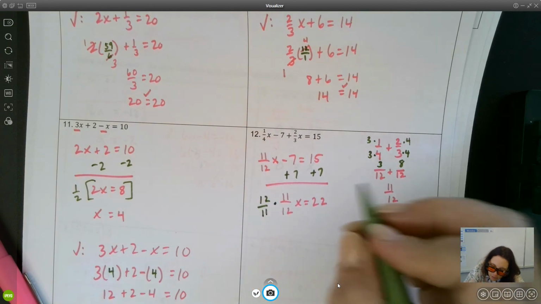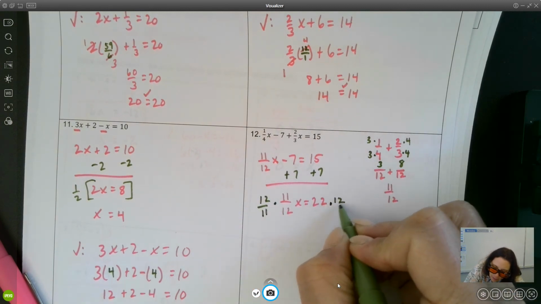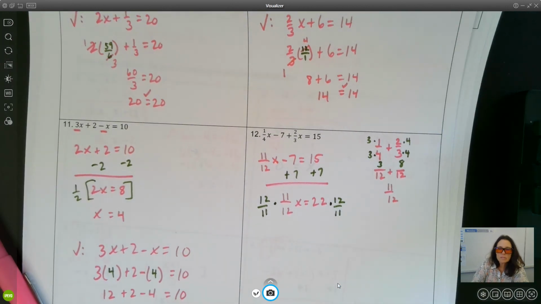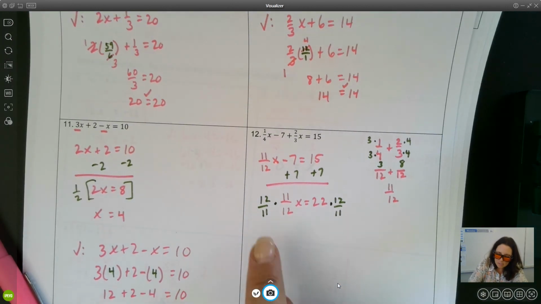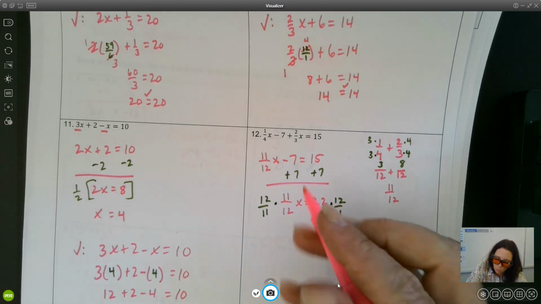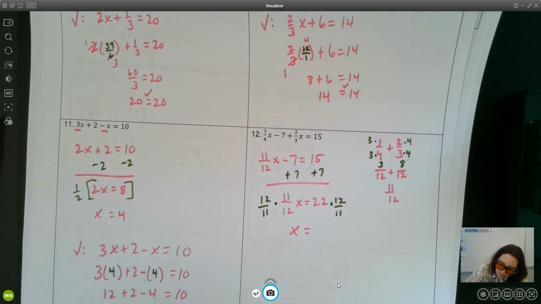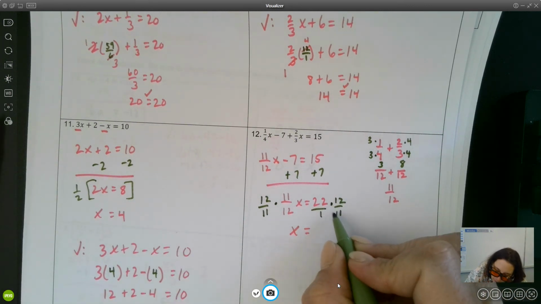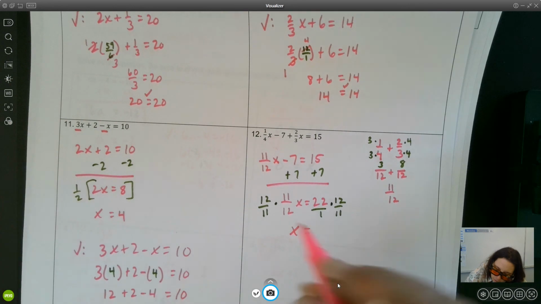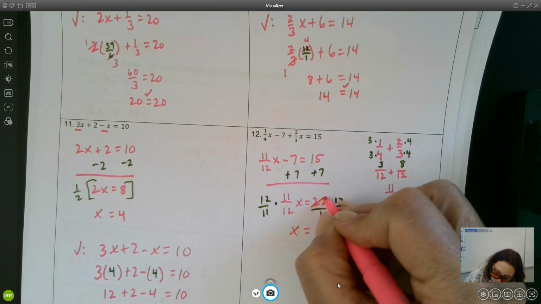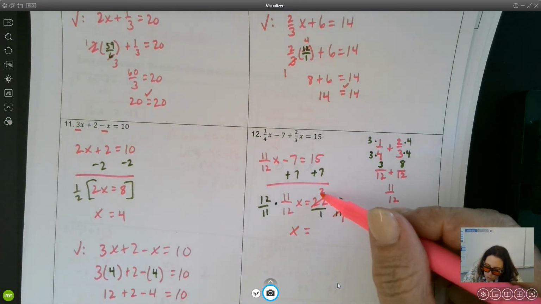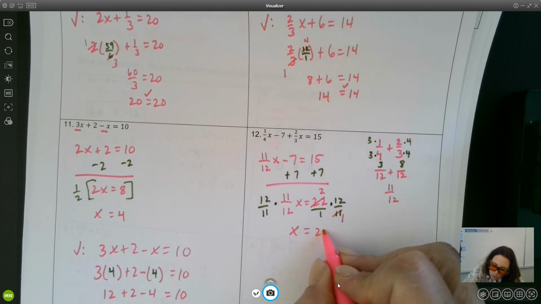Multiply by the reciprocal here and here, both sides. All right, so 12/11 times 11/12 is 1x. That was the whole point of that. Now take a look at this. The 11 and the 22. That leaves a 1 and that leaves a 2. So 2 times 12 is 24.